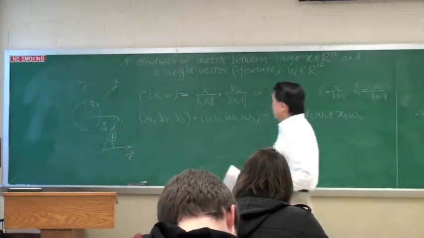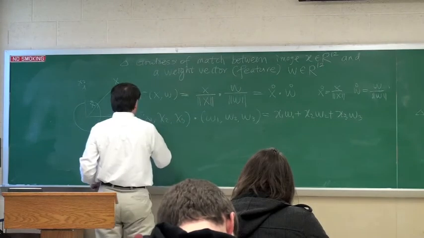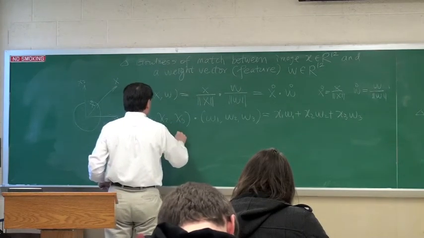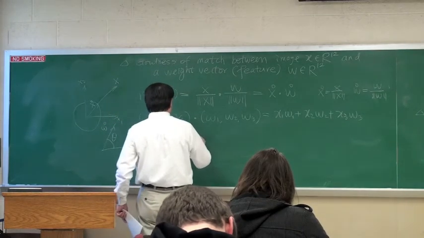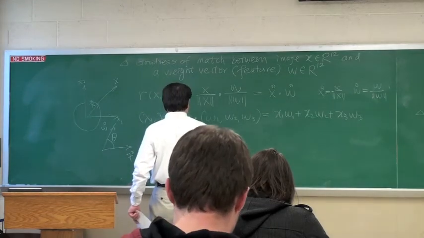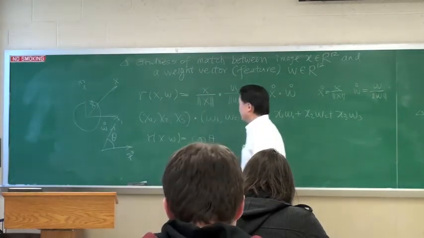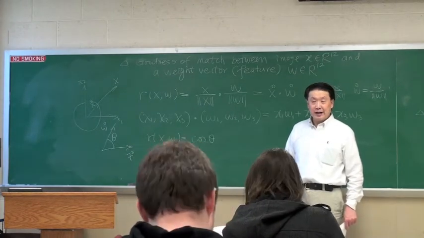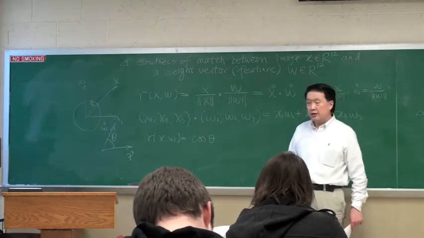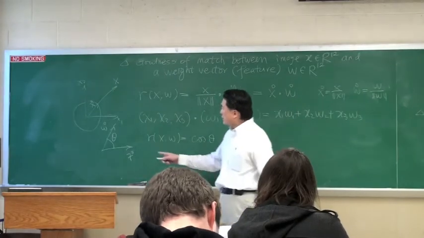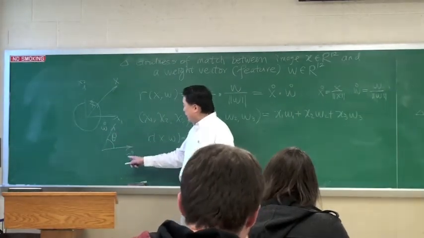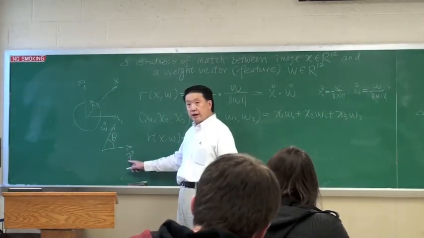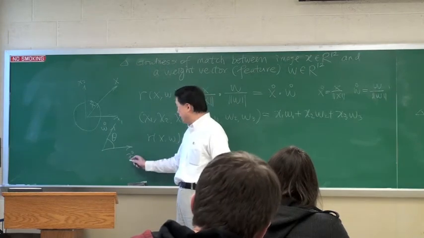So R of x, w equals, in fact, cosine theta, and that will be taught in linear algebra. The cosine theta is the angle between the unit W and unit X vectors.